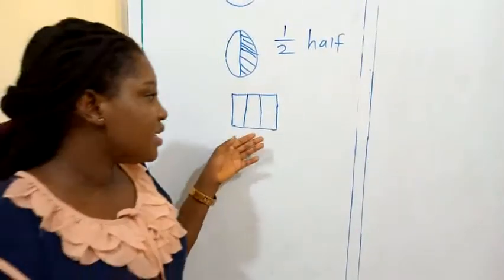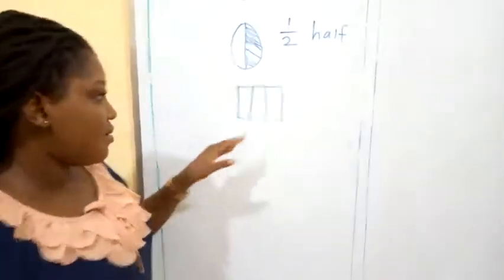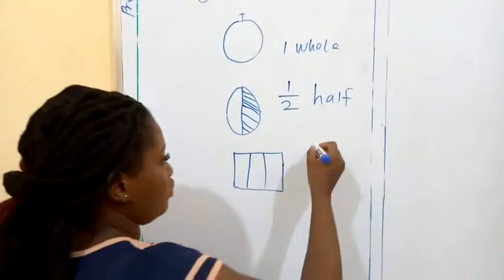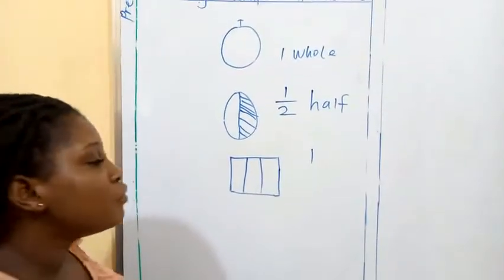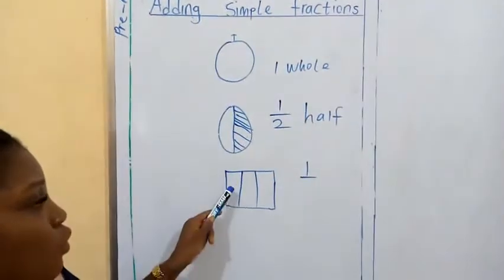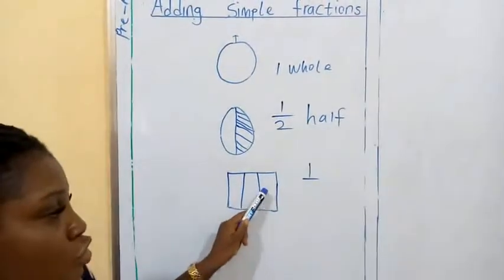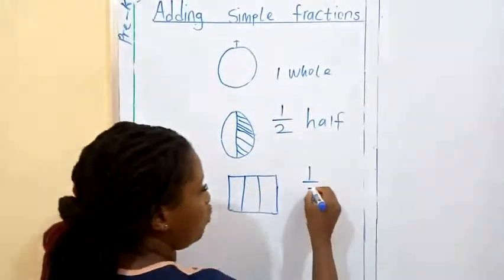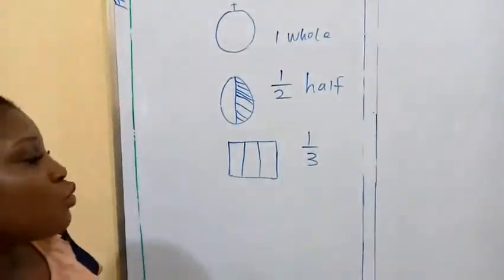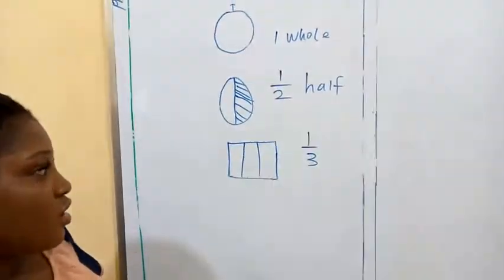This is what? A square. And how many squares do we have? Just one. But the square, we divided it into how many? 1, 2, 3. So we have what? 1 all over 3. So how do we call this?